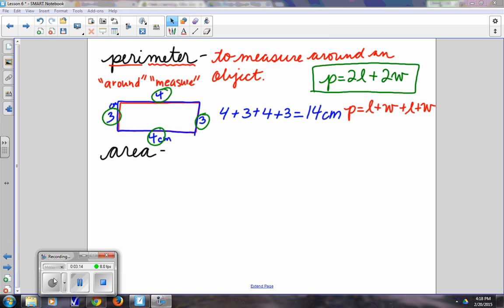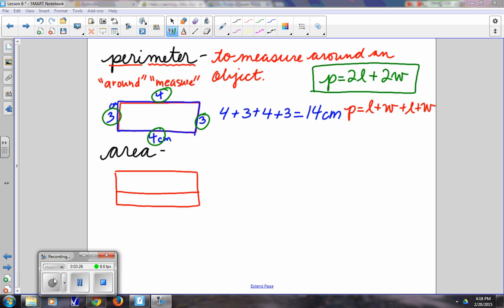So for area, we're going to talk about that same similar rectangle. We still have 4 here, 1, 2, 3, 4.